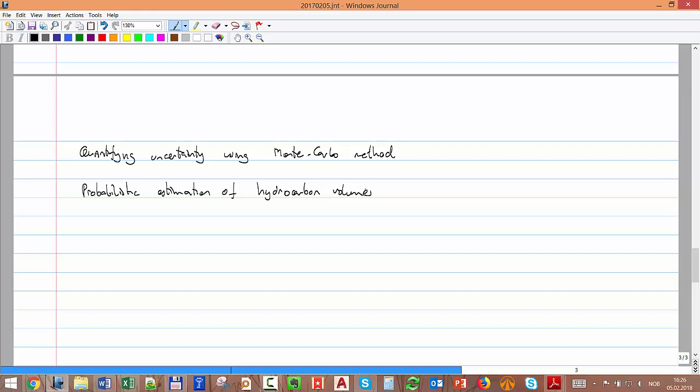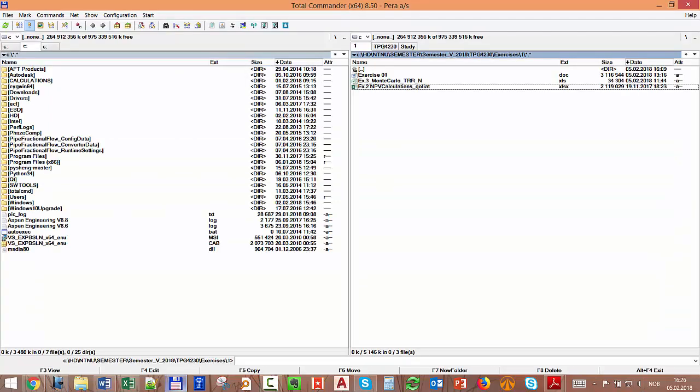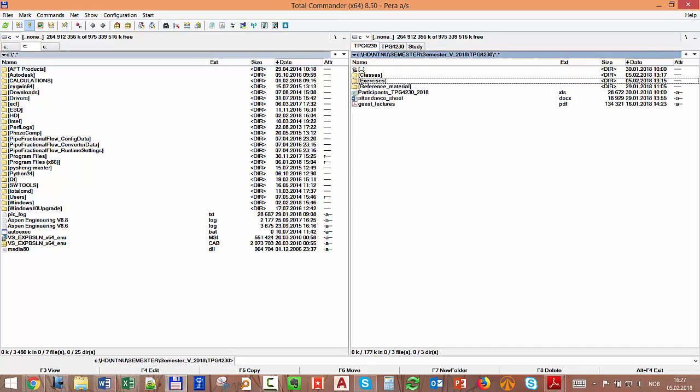Remember, that's one of the big numbers. That gives me the revenue right away. How much hydrocarbon I have in place. But that's not the only factor. I also want to know how much I can recover from what I have underground, and I call that total recoverable reserves. Let's go very quickly to this Hebron PDO.